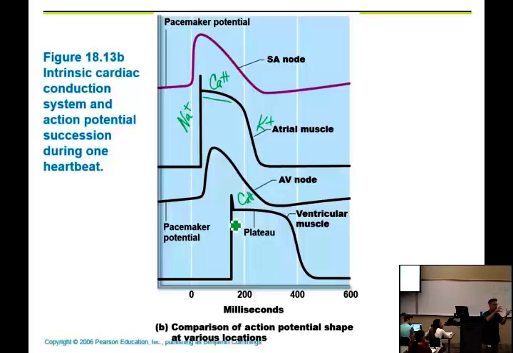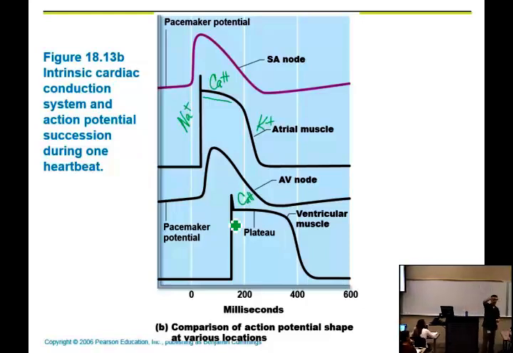So we want to make sure that all of those atrial cells or ventricular cells squeeze and give a chance for all, or most all, of that blood to exit before we go into a relaxation phase and allow it to fill again. So that plateau with the contractile cells, due to calcium, is very important in allowing the blood to fully exit that chamber before we relax it and allow it to fill again.